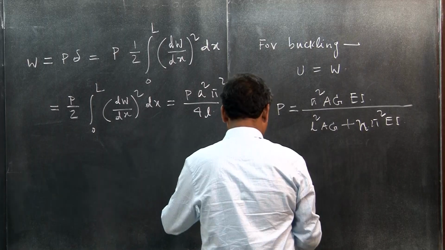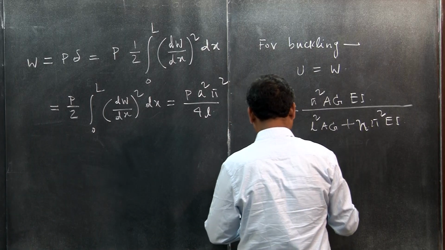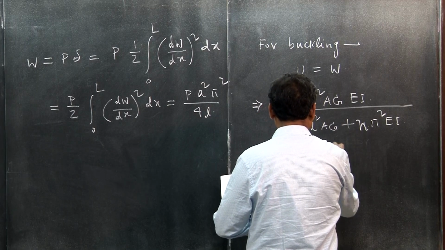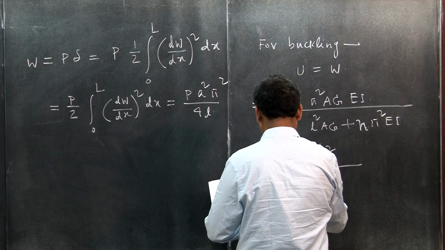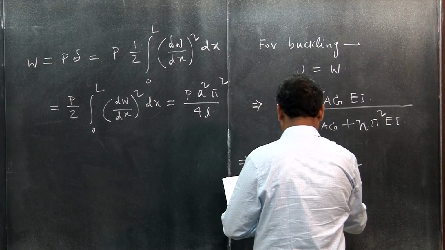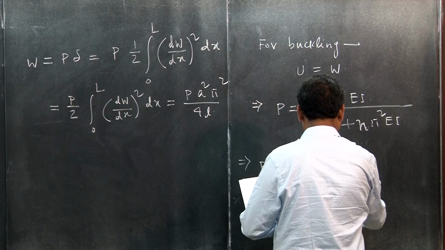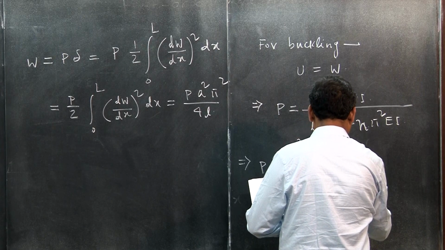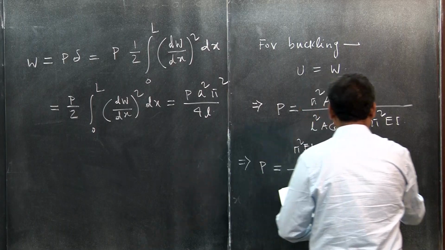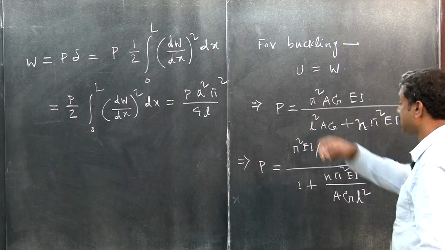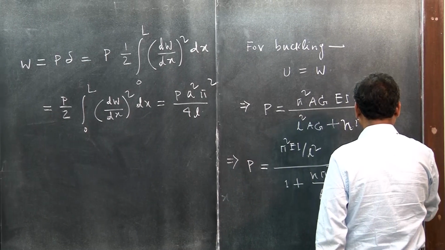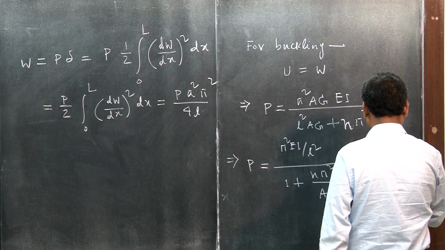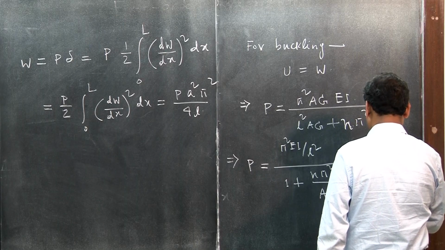So if we further simplify it, then it is pi square EI upon L square, then 1 plus N pi square EI by AG L square, and pi square EI by L square is what? This is nothing but P critical load. So this is P critical, 1 plus N P critical by AG.